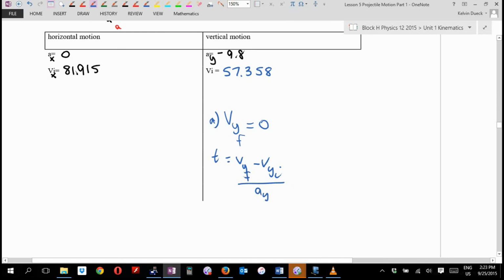I know it says V final minus V initial, but I'm going to reinforce vertical, vertical, vertical. The last thing I want to do, and I see kids drop the 81.915 into this equation because they don't realize that Vy final is 0, but they know there should be something. I've got to put something. No, don't put a horizontal into a vertical. That's a sin.